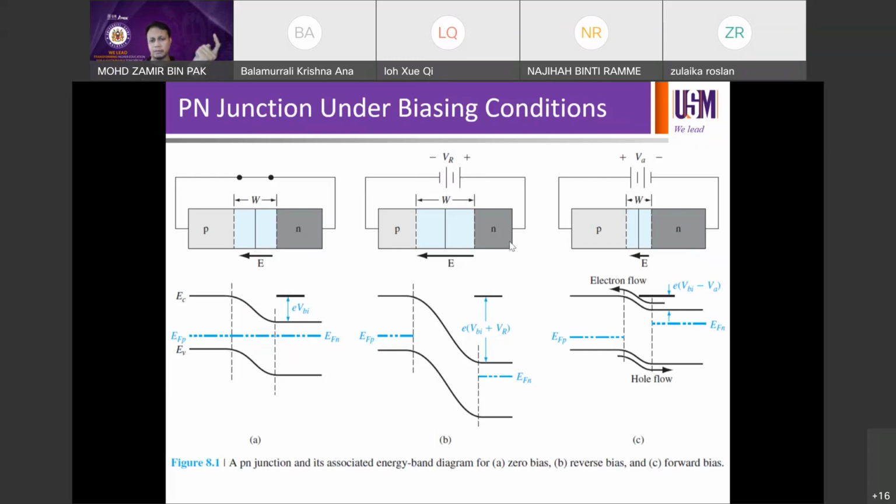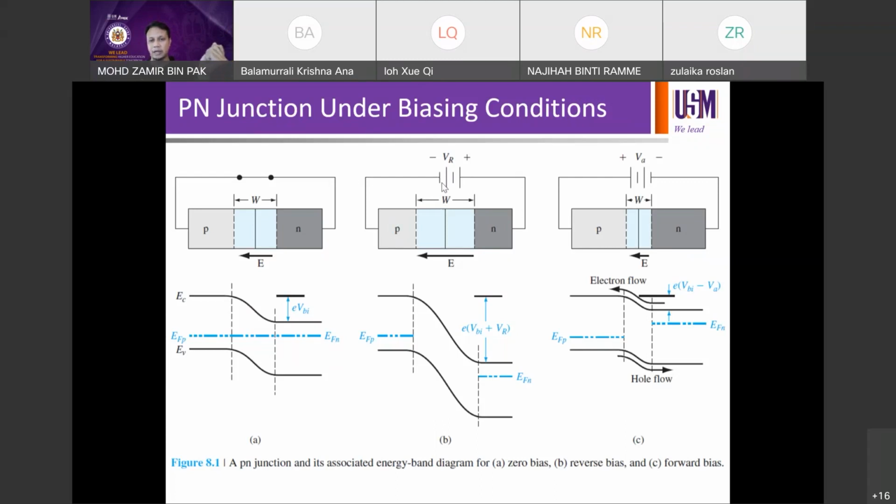Before this we learned that the p-type is positively charged because the majority carriers are holes, and the n-type is negatively charged because the majority carriers are electrons. So when you want to reverse bias the junction, you have to connect the polarity in the opposite condition.